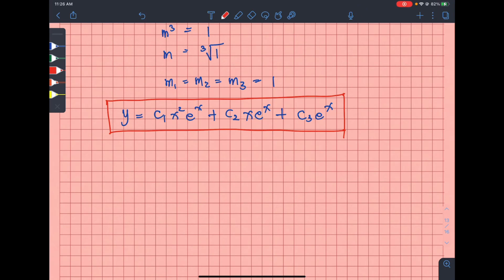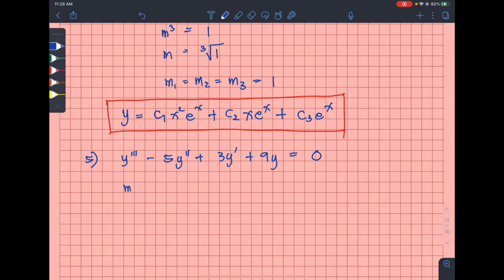So these given ones are all still factorable, no? So what if it's no longer factorable? y triple prime minus 5y double prime plus 3y plus 9y equals 0.